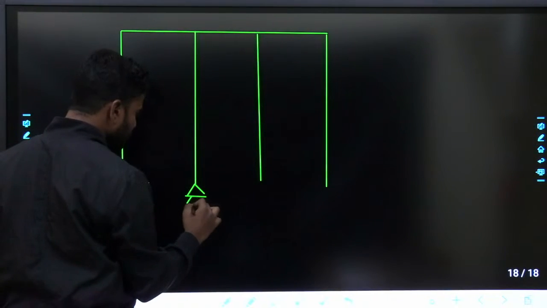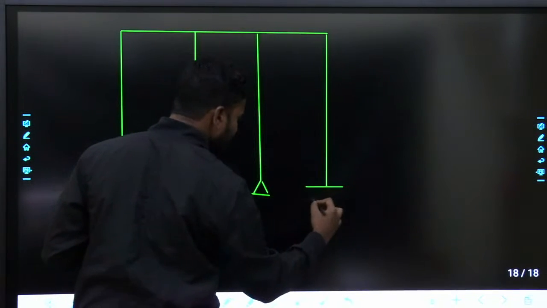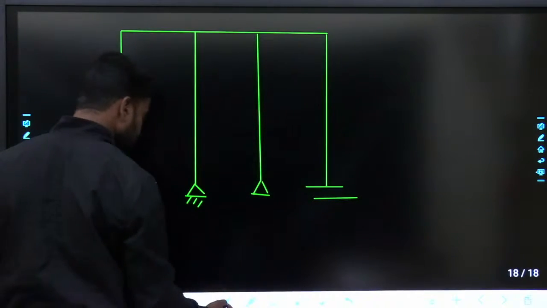There is a hinge support, there is a roller support, and there is an axial thrust release over here.